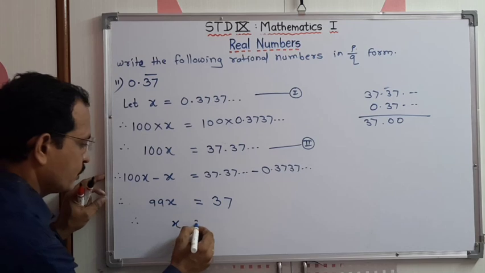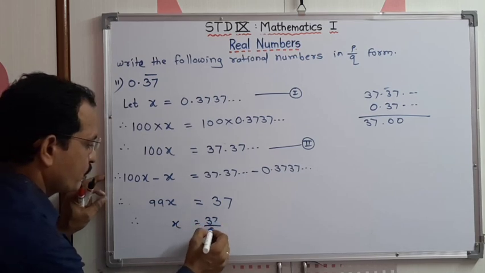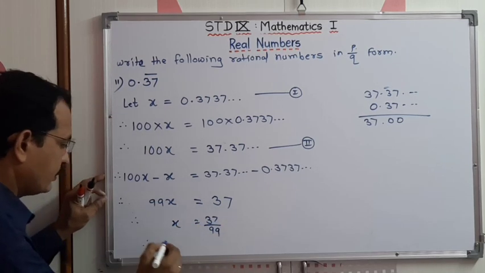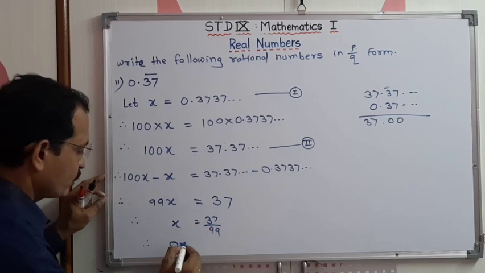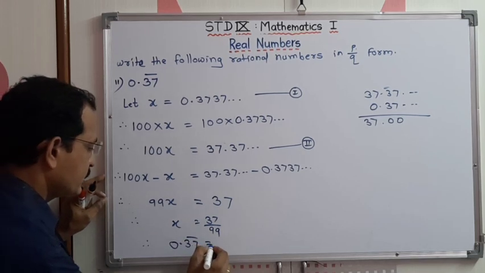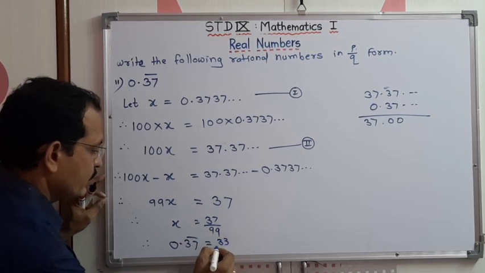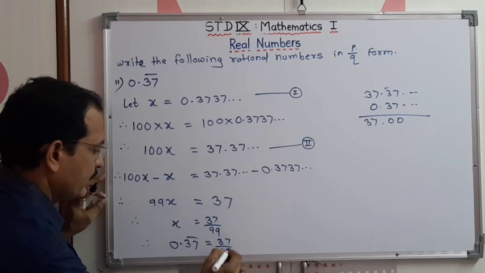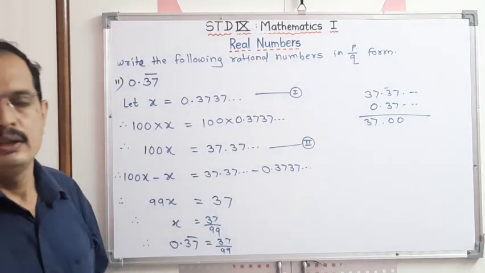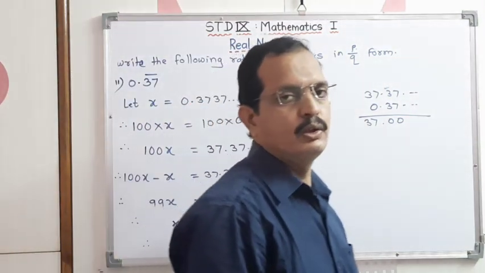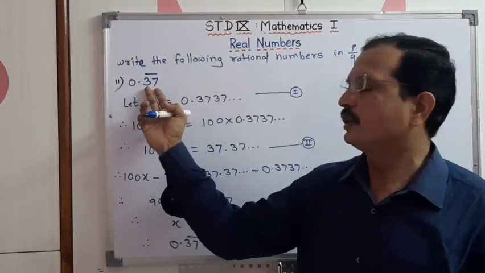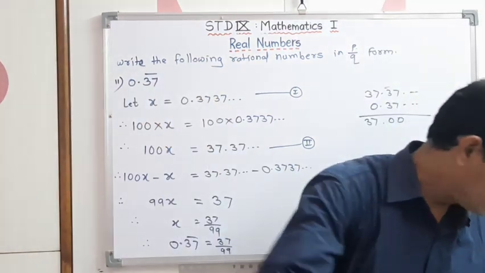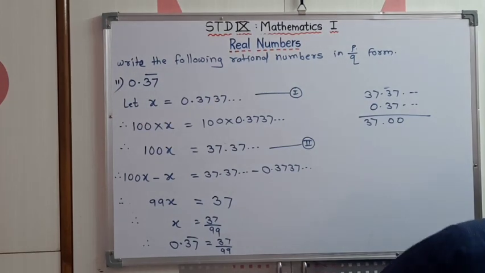Now x is equal to 37 upon 99, therefore we can write 0.37 bar is equal to 37 upon 99. This is for the 2 digit recurring number.